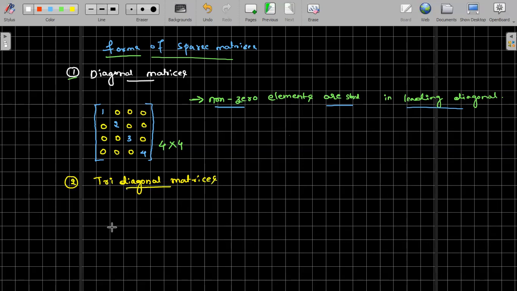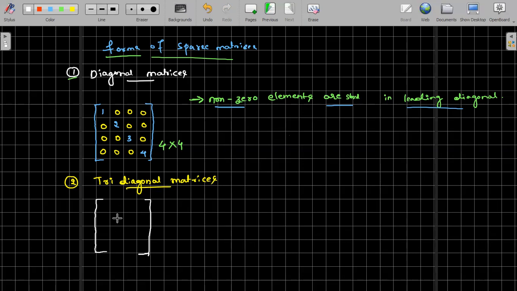In this, we are going to take the same thing, a 4 cross 4 matrix like this.